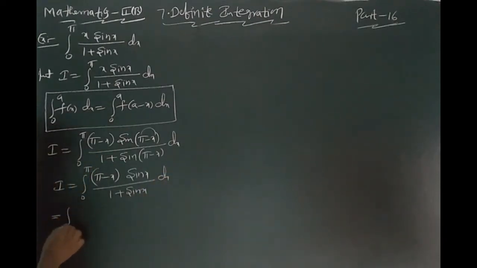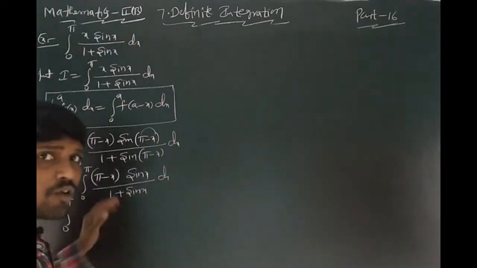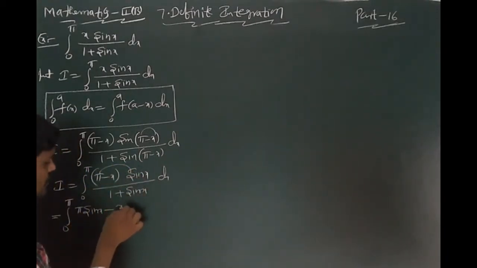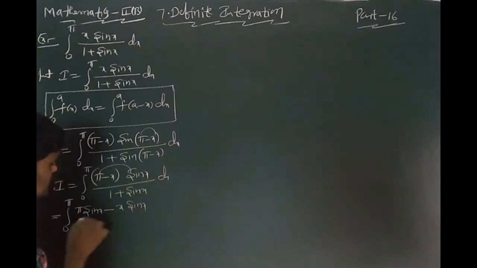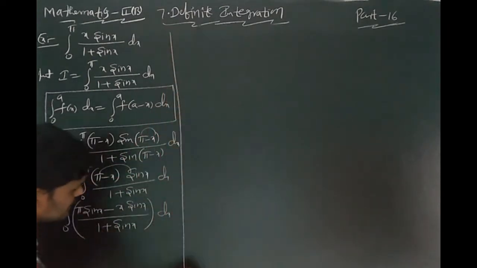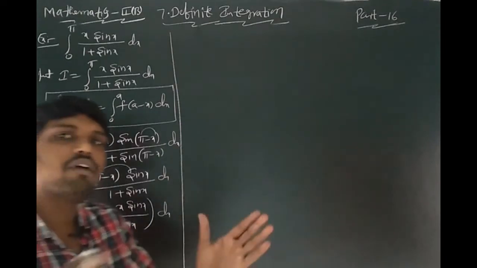After that, integral 0 to pi, you can multiply the pi into sine x, giving pi sine x minus x into sine x, whole by 1 plus sine x, whole dx. After that, you can convert this numerator into two terms.